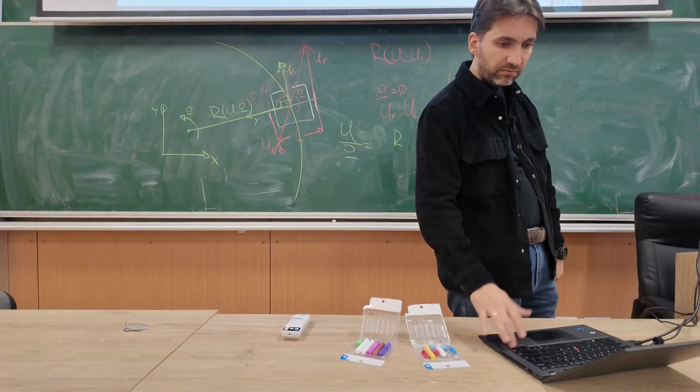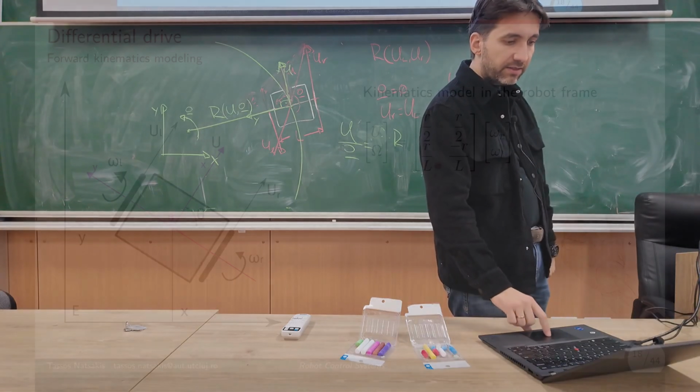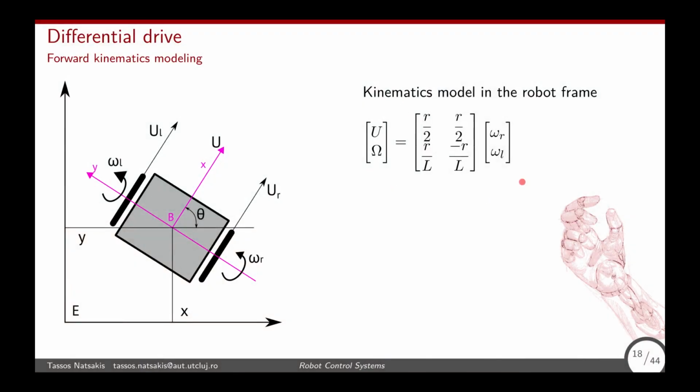Good. I can rewrite this in a slightly more elegant format with vectors, with matrices. So I can say u and omega is basically in matrix form like this. And this is the kinematics model in the robot frame, because I'm talking about u and omega in the robot frame, right?